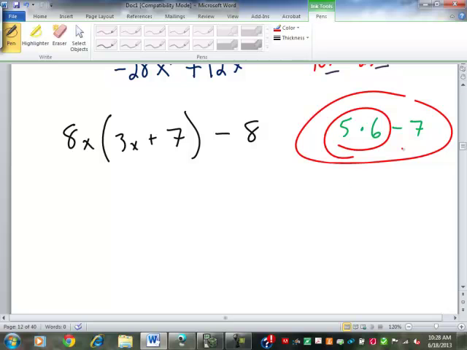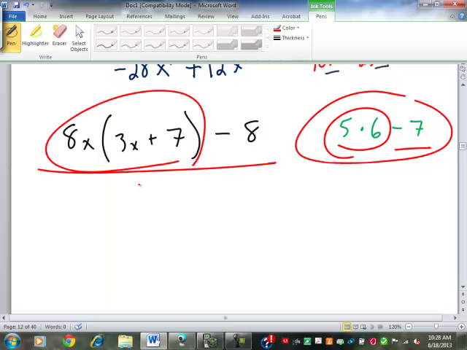Multiply and then subtract, right? Over here, what do I have to do first? Multiply. I see the parentheses and it draws me to them saying do something here first, but there's nothing in there I can do. So the second question is always, is there anything that I have to do to that set of parentheses? And there is. I have to multiply by the 8x.